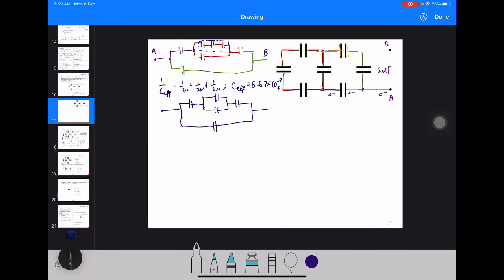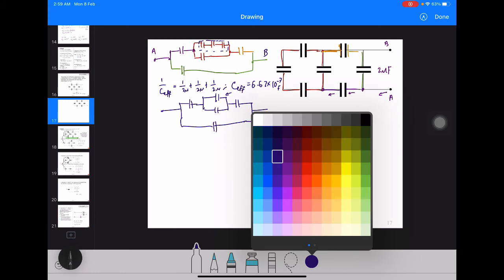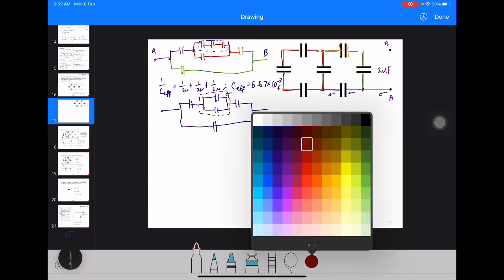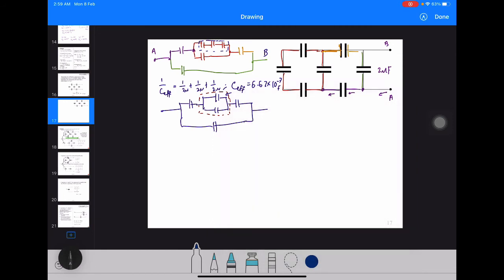Okay, that one is over here, the top one there. Okay, for the next one, maybe I can combine these two. Okay, so now I want to combine this one. This one is just in parallel, so you can calculate straight away.